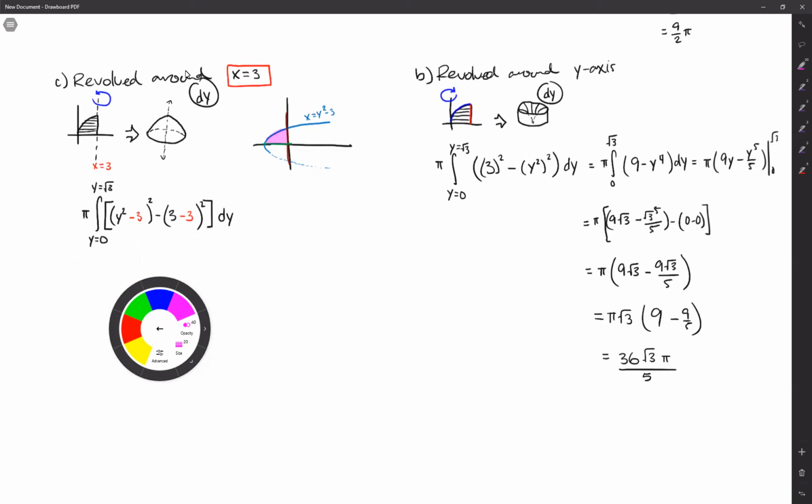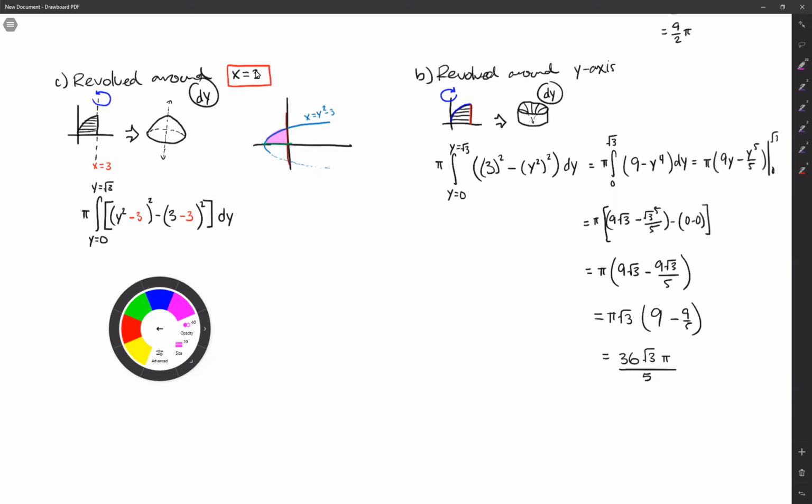So you see, by shifting all of the curves to the left by 3, the axis of rotation now coincides with our y-axis, and it's like you're doing this integration where everything was all lined up to begin with.